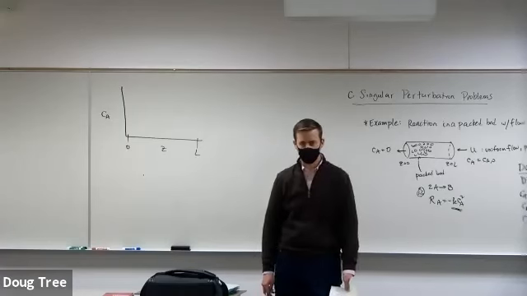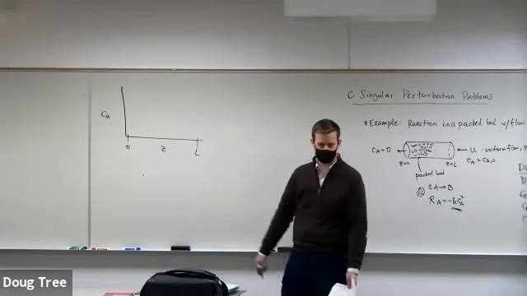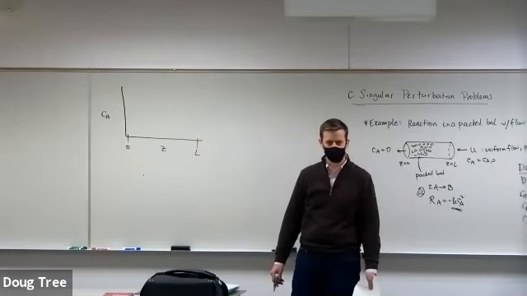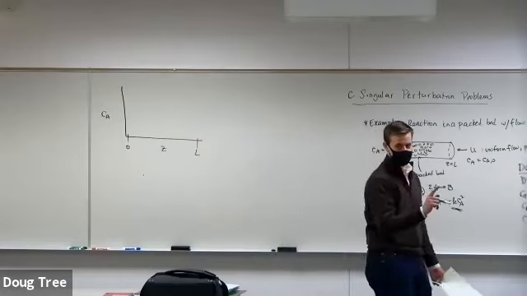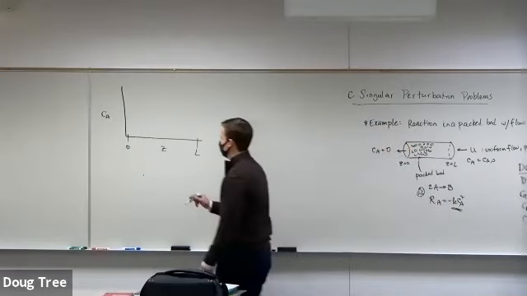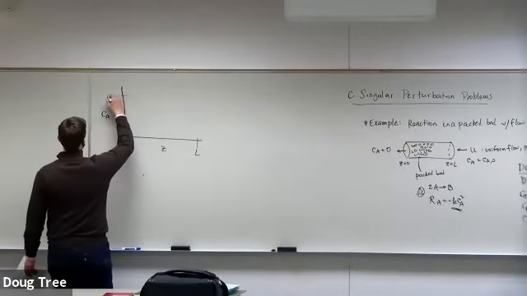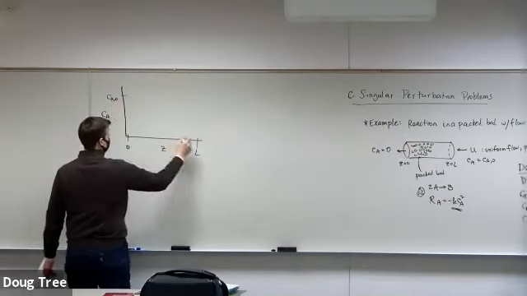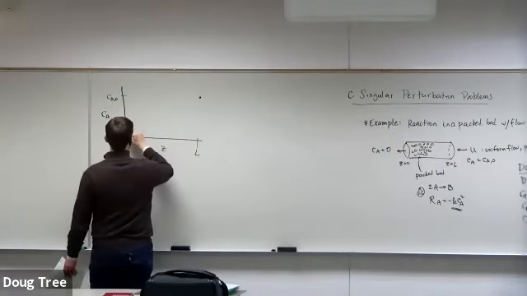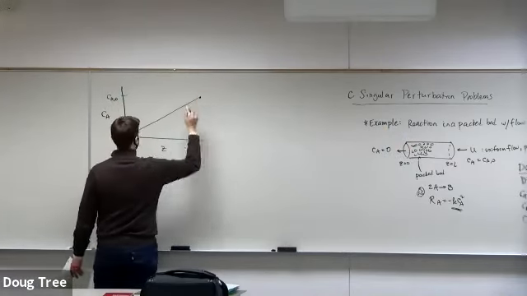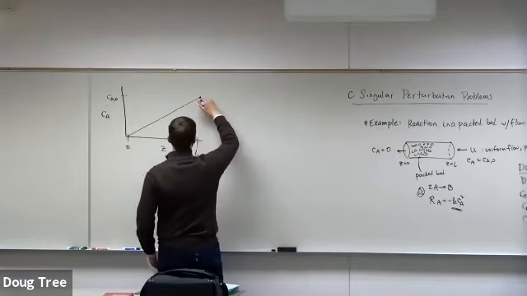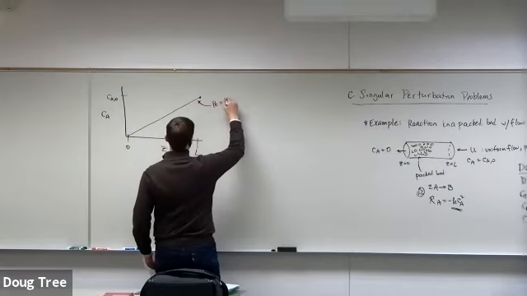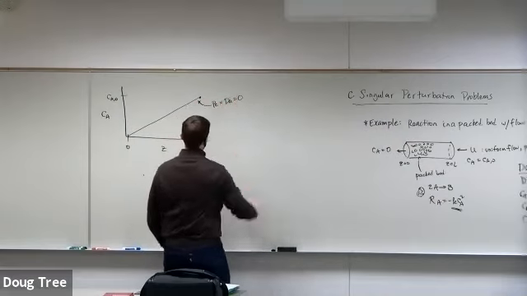So what does that profile look like? It should be a parabola. Not a parabola because it equals 0. Oh, sorry, it should be a line. That's right. So that's the case when the Peclet number equals the Damköhler number equals 0.